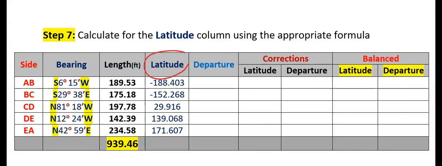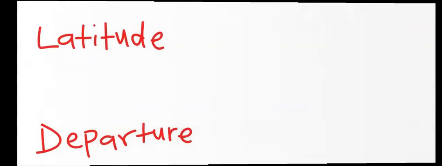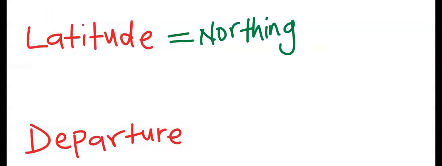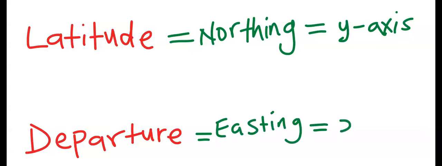To solve for the latitude and for the departure, let's understand the formula to apply. Another name for latitude is northing, which is basically the y-axis, and for departure is easting, considering the x-axis.